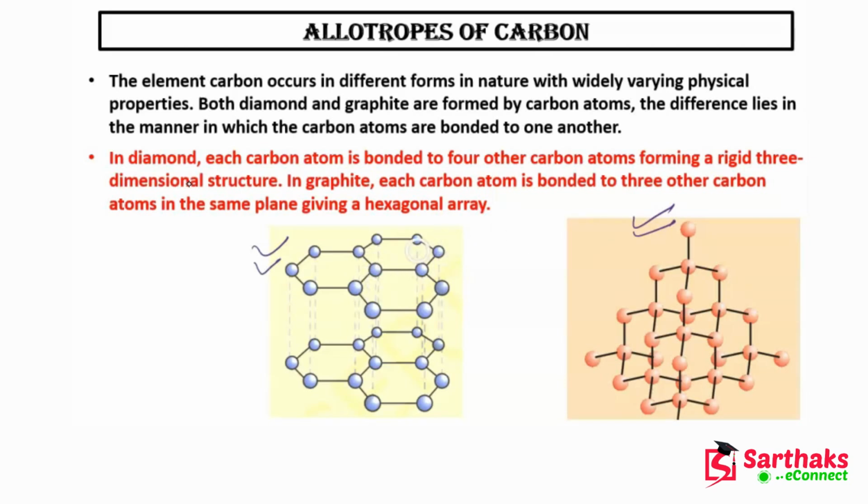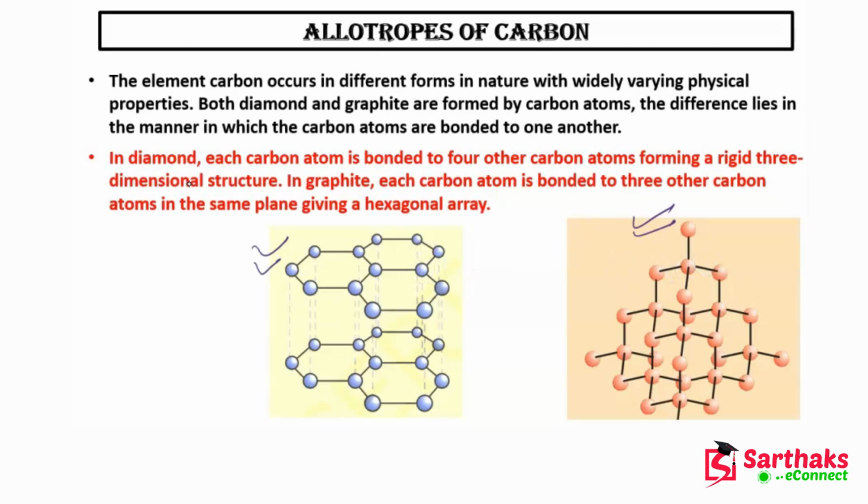I hope, guys, this point is clear to you, and you can also see that in graphite it is giving a hexagonal array like this. So you have to remember two differences between diamond and graphite.